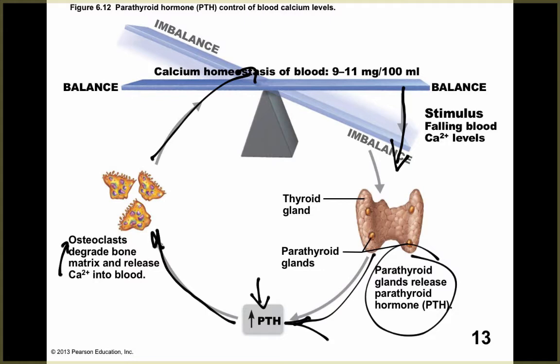Basically helps to release. So essentially, this is the start over here, right? Calcium levels fall, parathyroid hormone from the parathyroid, that's the small circles here, gets released, activates osteoclasts, calcium levels rise, right?